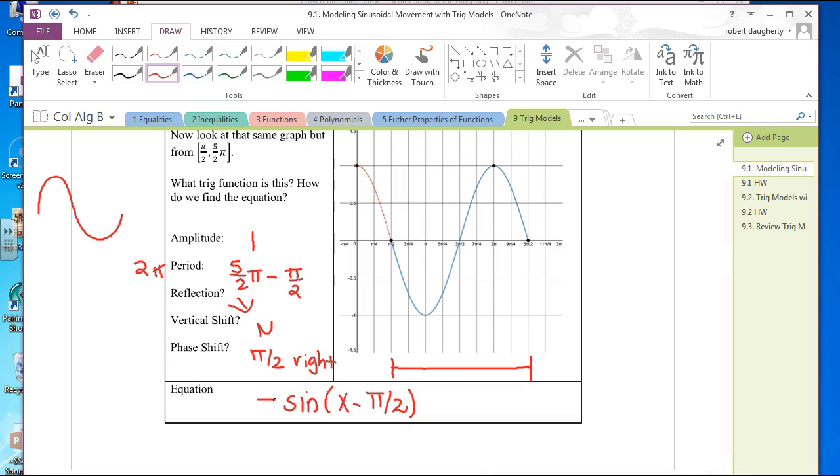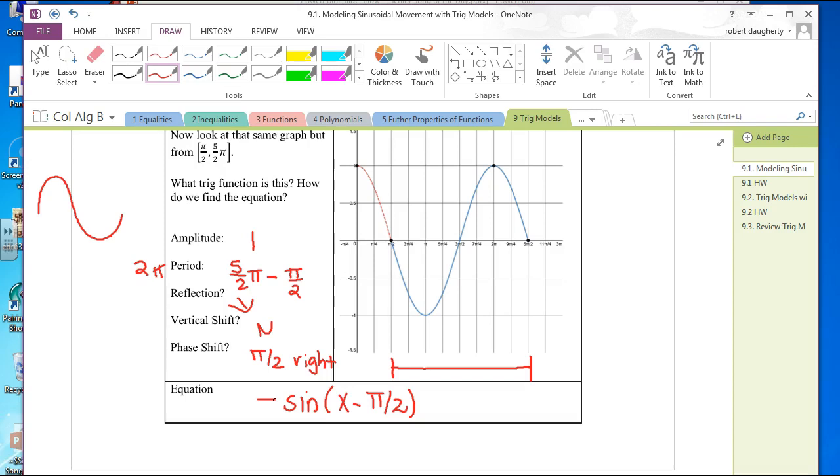Okay. So what you can see, guys, is that we've been learning sine and cosine. They're really the same thing. This is just the same graph. If I start looking at the graph here, it's a sine function. If I start looking here, it's a cosine function. So really, by shifting the sine curve, you run into the cosine curve anyway.